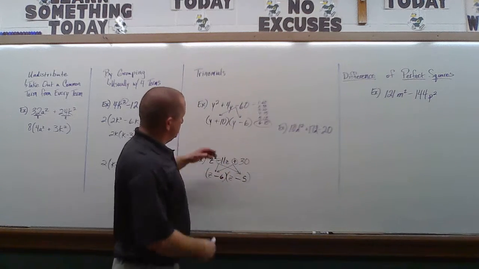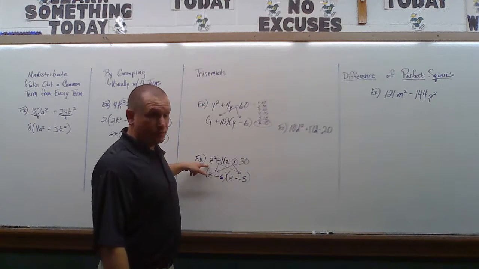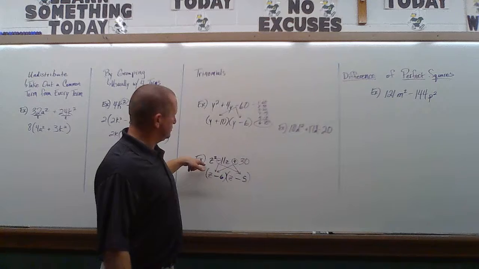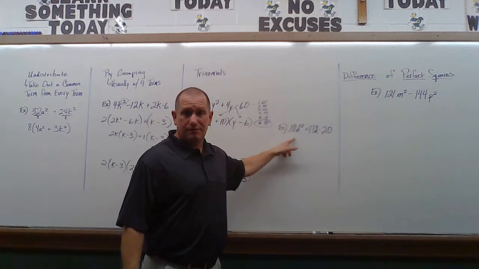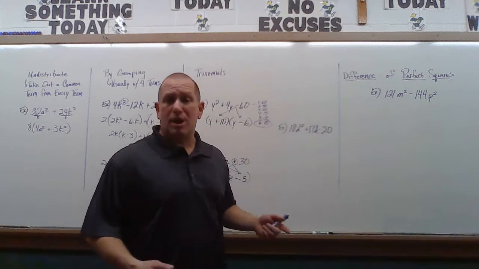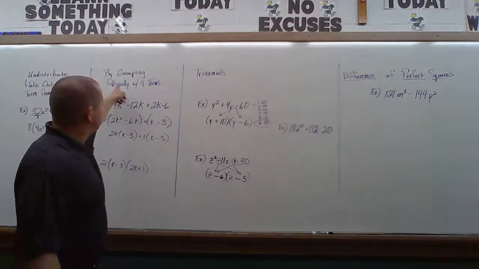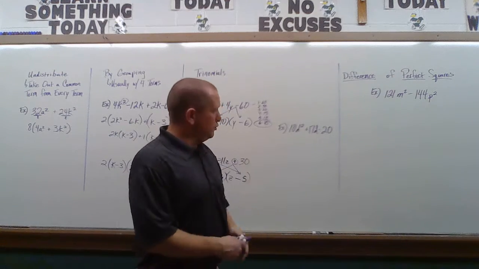So those are a little bit more simple just because they don't have a term or a number, a coefficient, out in front of those variables. This one over here is a little different because it does have a number out in front of your first variable. So this is a process where we're going to bring the grouping back into our solving of a trinomial.